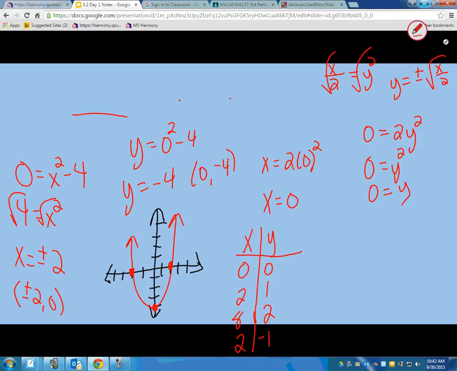So look what happens when I graph these numbers that I have. Oh, the black doesn't work very well on the board.